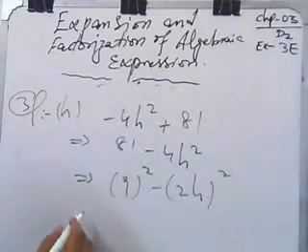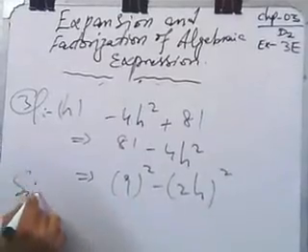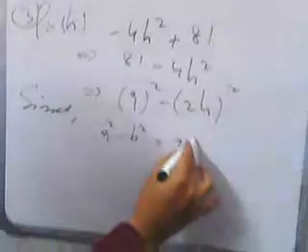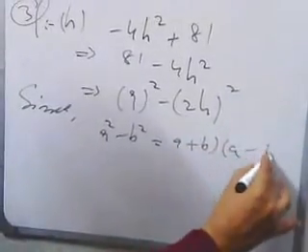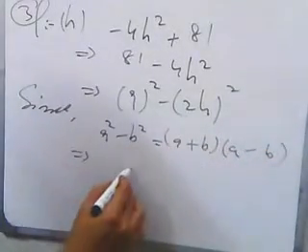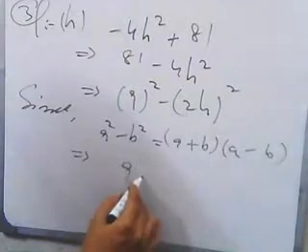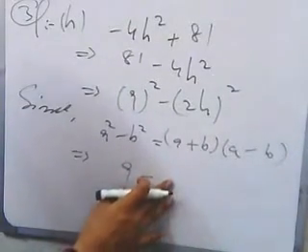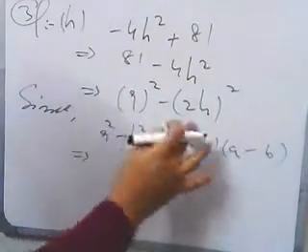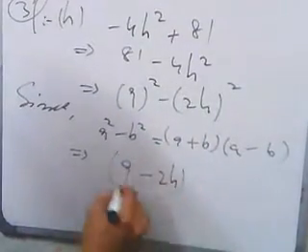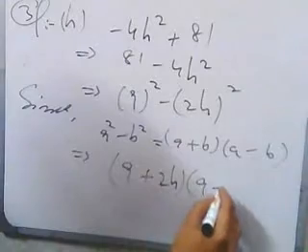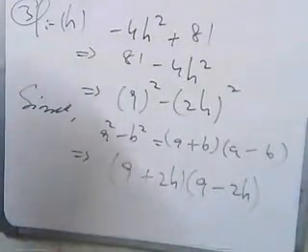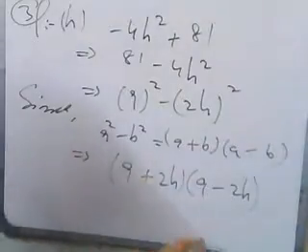So again the difference of two squares formula can be applied here, (a + b)(a − b). So a is your 9 and b is 2h, so (9 + 2h)(9 − 2h). So here is the solution.